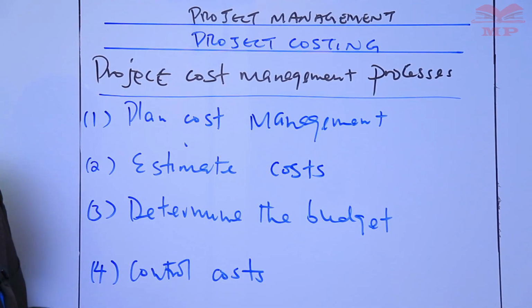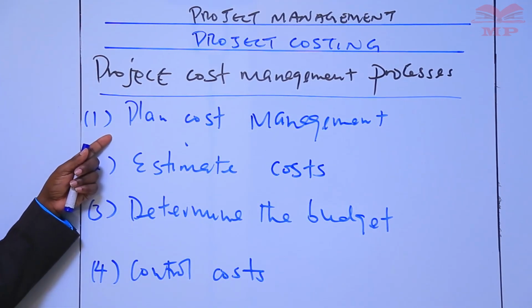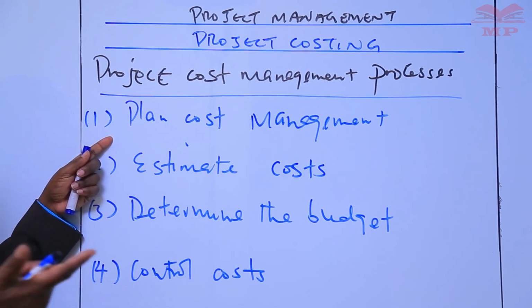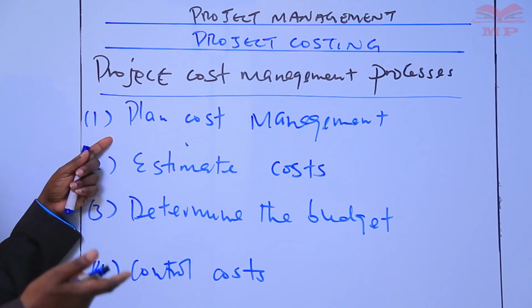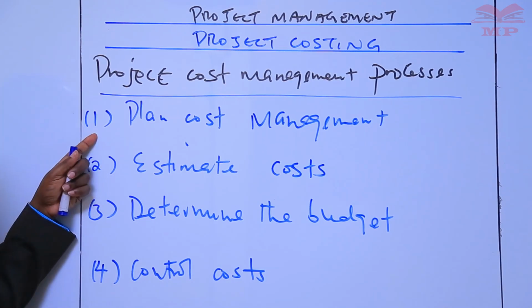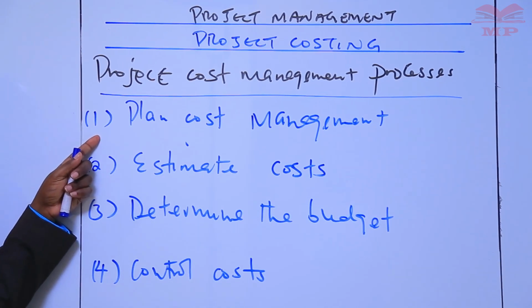Now, this, candidates, is the process of defining how the project's cost will be estimated, budgeted, managed, monitored, and controlled. And the key benefit of plan cost management is that the process provides guidance.